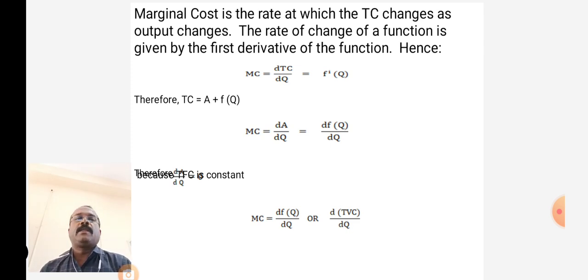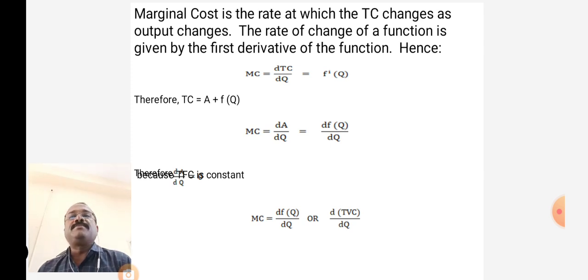That means the derivative of A divided by the derivative of Q, plus the derivative of the function of Q, that is f of Q, which I said is the variable cost, divided by dQ. Therefore dA divided by dQ equals 0, because total fixed cost is constant.